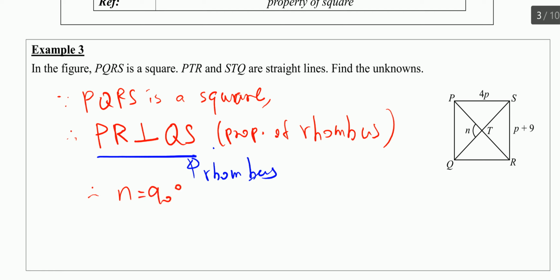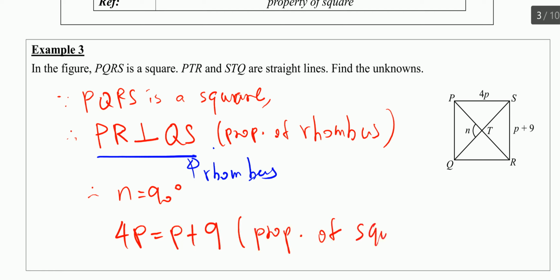Then 4p equals p plus 9, which is the property of the square, so 3p equals 9 and p equals 3. That's example 3.